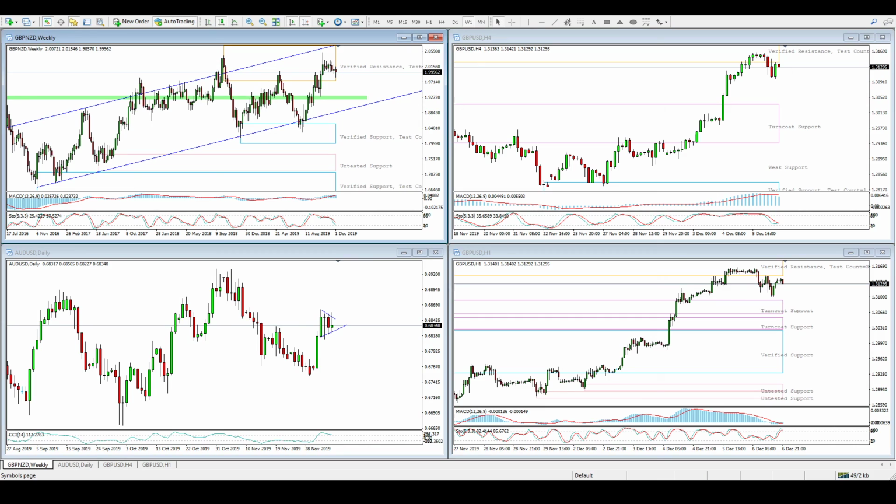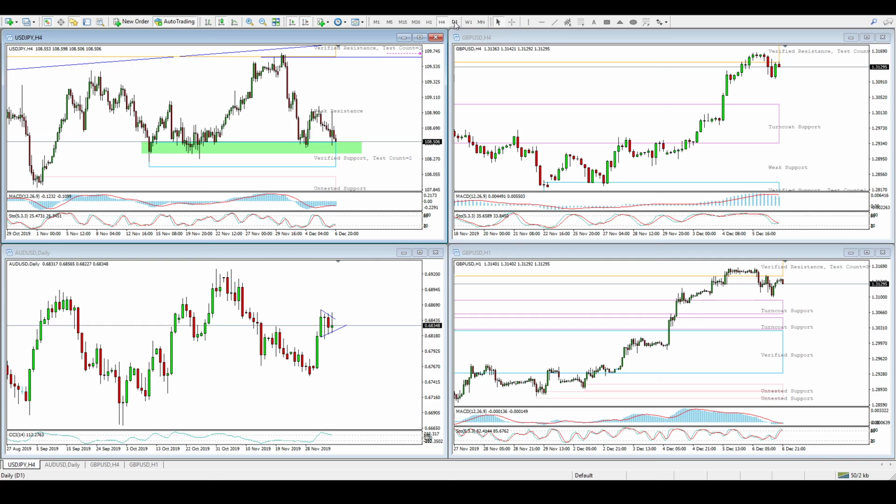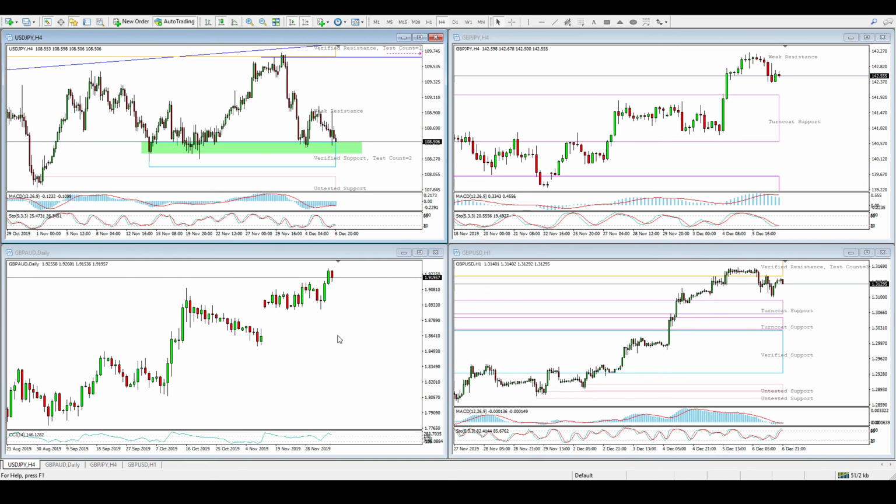So we are looking at dollar yen. We are buyers in dollar yen. Pound yen, we are sellers in pound yen. Pound Aussie, I'm also a seller on pound Aussie.